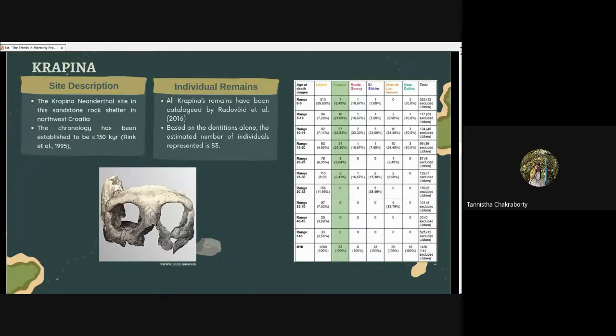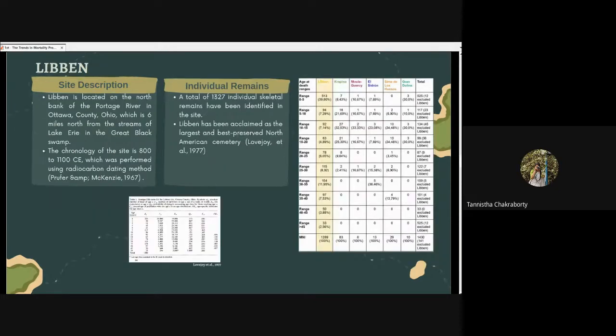In fact, there are 191 isolated teeth and 90 additional teeth associated with the jaws that have been studied. So this site provides a lot of individuals, as we can see. But if we look into the table, the age range from 30 and above does not carry many individuals. Next slide, please. Thank you.